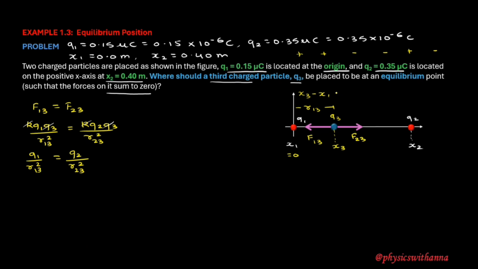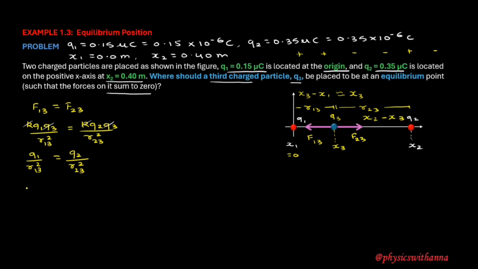So when you do x3 minus x1, you are basically only left with x3. So the distance between Q1 and Q3, which is R13, can be just written as x3. Same with R23. R23 is the distance between Q3 and charge 2, and we can write R23 as x2 minus x3. We are just taking the difference in position for them all.